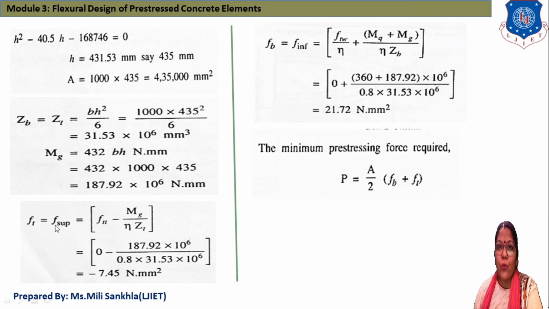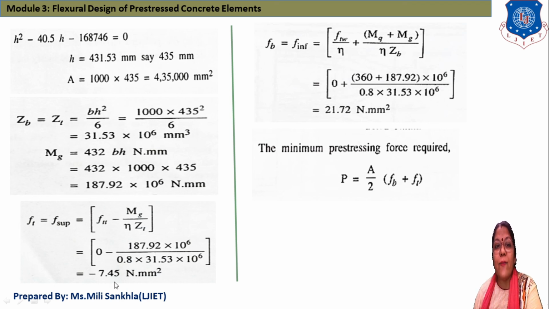Now we find out stresses at top fiber and stresses at bottom fiber. Now at top fiber, FTT minus Mg divided by eta into ZT. Now tensile stresses here 0, then Mg is equal to moment due to dead load, that is 187.92 into 10⁶ divided by eta. Eta is equal to 0.8 and ZT is equal to section modulus of top fiber.